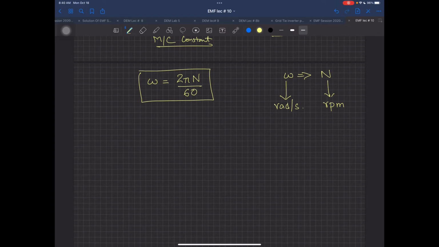N is revolutions per minute. So 2 pi is the number of radians in one complete revolution. If you have a machine which is working at, for example, 1500, like your lab machines have a rated speed of 1500 RPM.